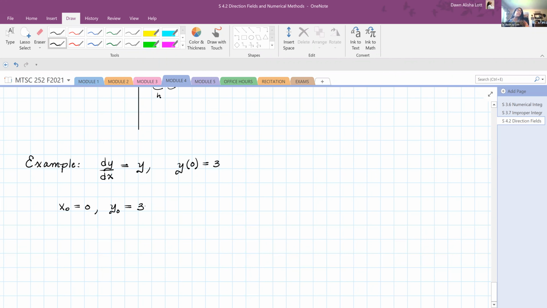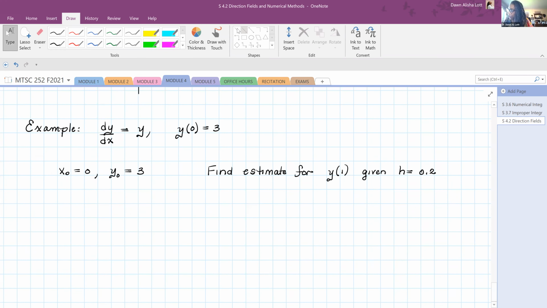Now you're probably going to be given how far out to go, or they're going to tell you what h is. So let's find an estimate for y of 1, given h is equal to 0.2. Okay, we're running out of time, so I'm going to be ending soon.